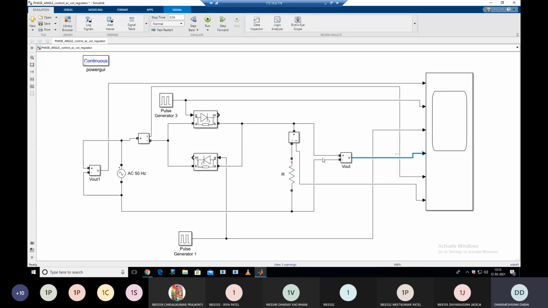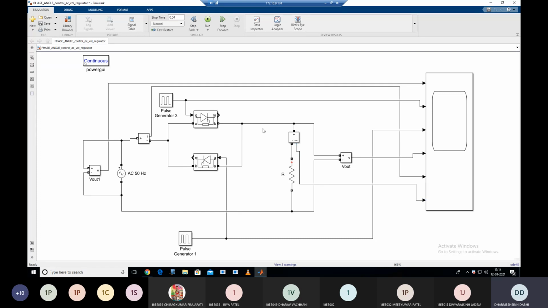Fourth one is output voltage. Fifth one is supply current. And last one is load current. And we will check that your supply current and load current both are the same. Clear? That we already proved in the theory, but now we can see in practical also, that supply current IS is equal to load current I0.